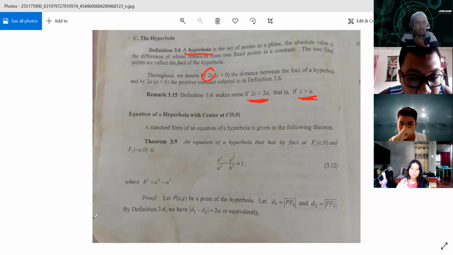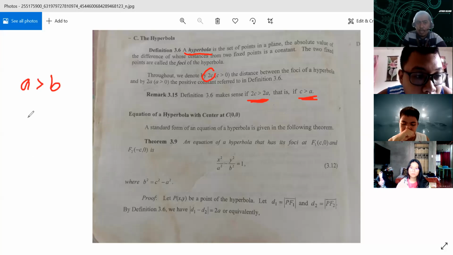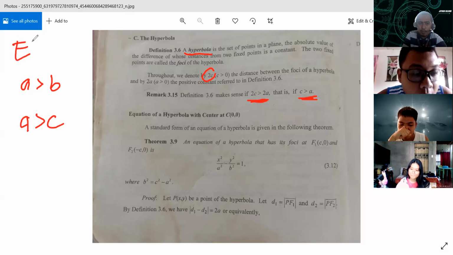Always bear in mind, remember in the ellipse, that a should be greater than b, and a should be greater than c as well. But that is for the ellipse.